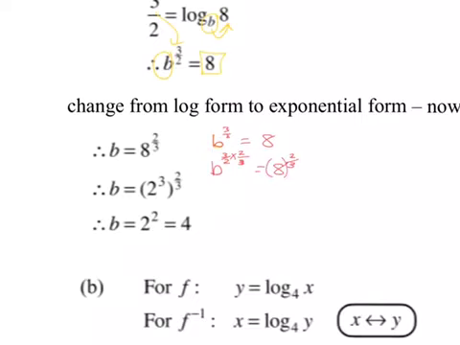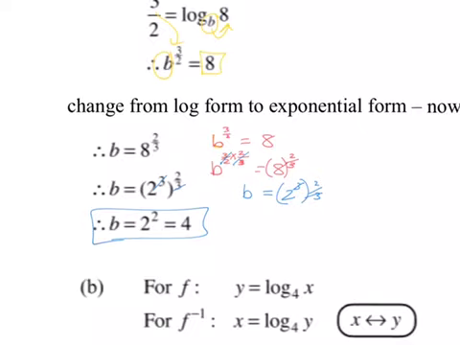Don't forget, whatever you do to one side of an equation, you do to the other to balance it mathematically. So these fractions cancel out, and you're left with b to the power of 1, and then 8 is 2 to the power of 3. Then these 3's cancel, and you're left with 2 squared, which is 4.